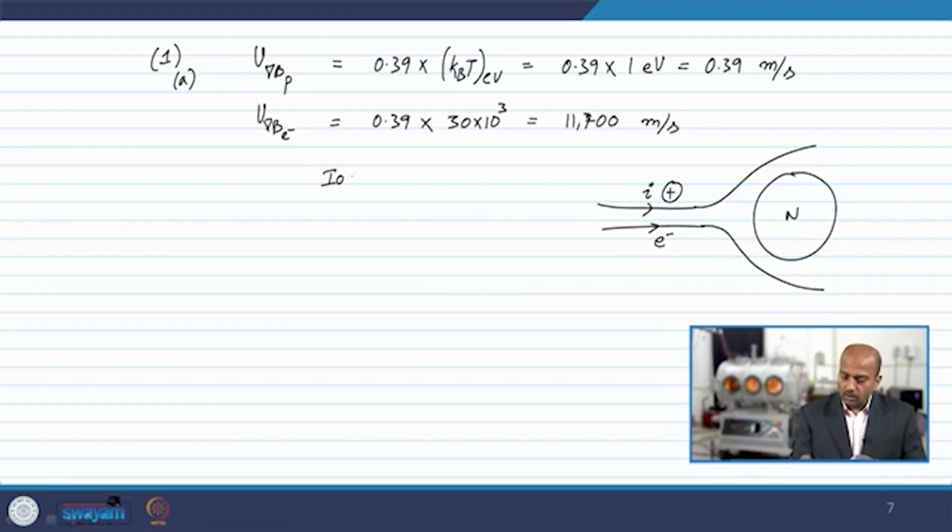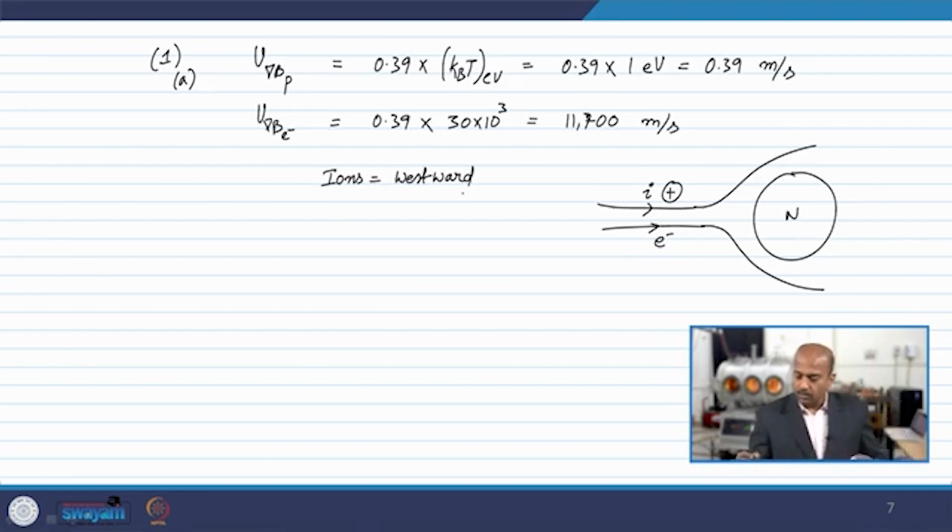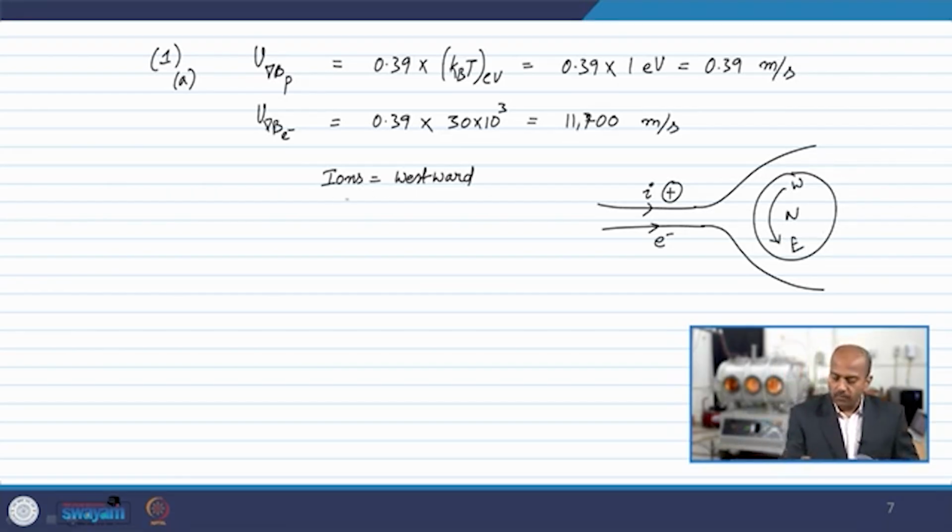So, ions will go westward. In this picture it is very important that this is the west and this is the east. Ions will move westward and the electrons will move eastward. So, this differential movement of the charges is responsible for the creation of ring current.